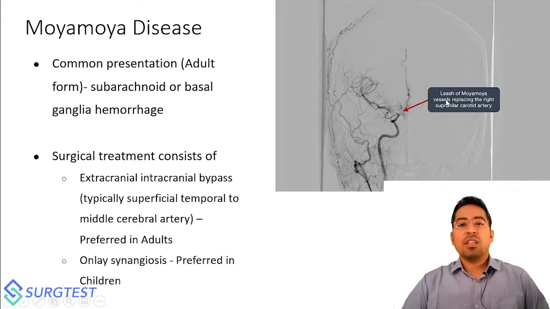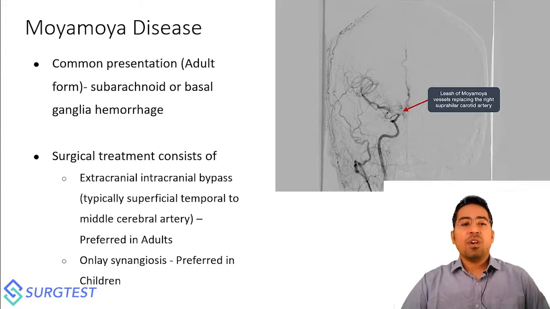This is a leash of Moyamoya vessels which is replacing the right supraclinoid carotid artery. Here you can see further circulation, but it is via fine blood vessels. These fine blood vessels can lead to ischemic changes in the cerebrum, and they can also rupture and cause hemorrhages. So in the adult form there will be hemorrhages, and in the pediatric form there will be more ischemic predominant features.